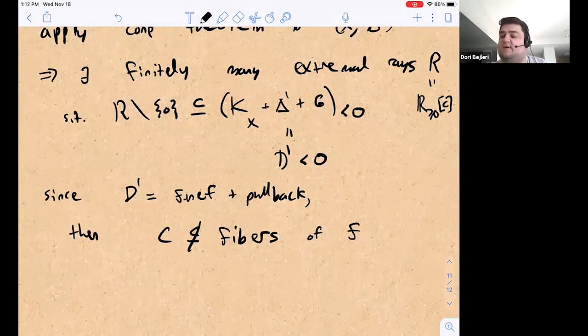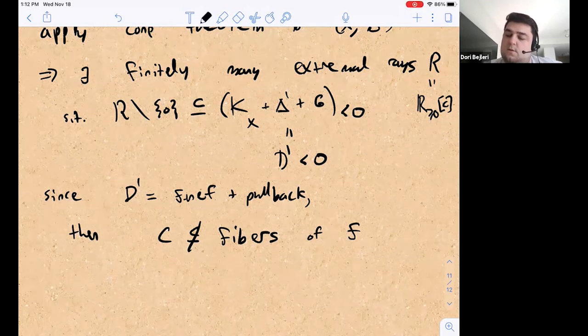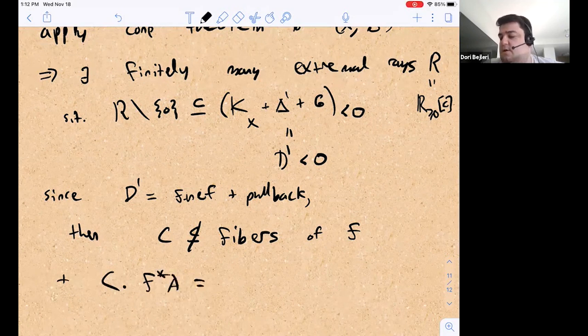And since there are only finitely many of them, then by just pulling back more and more ample A, we can eventually make them non-negative. Because we know they're not contained in the fibers, C times f upper star A is the push forward of C times A, which is strictly greater than 0 because A is ample downstairs.